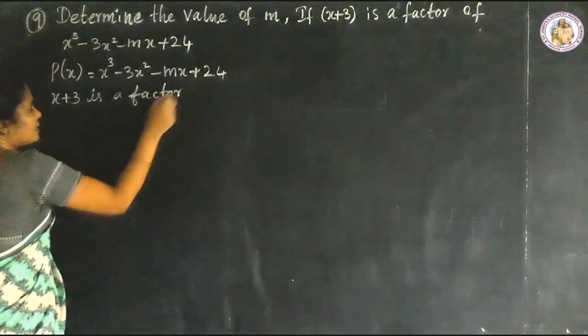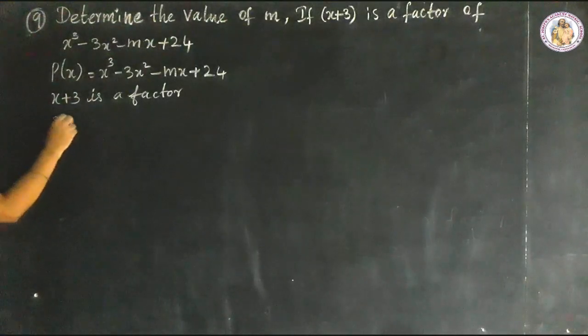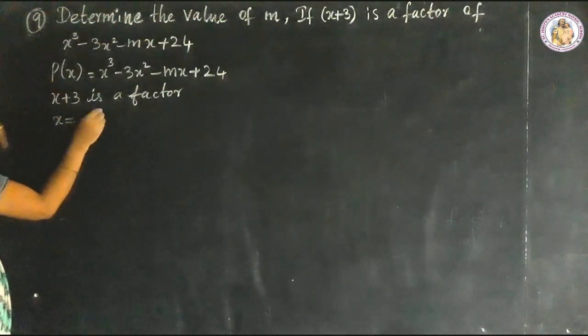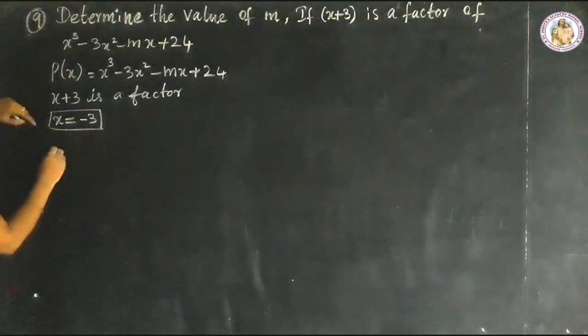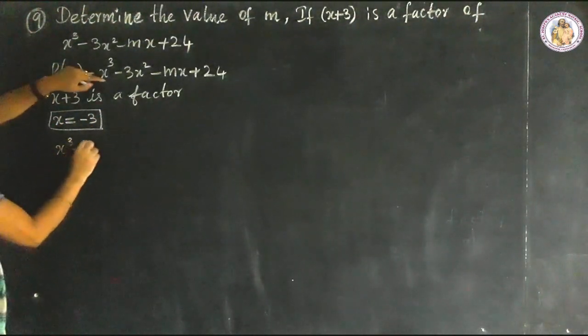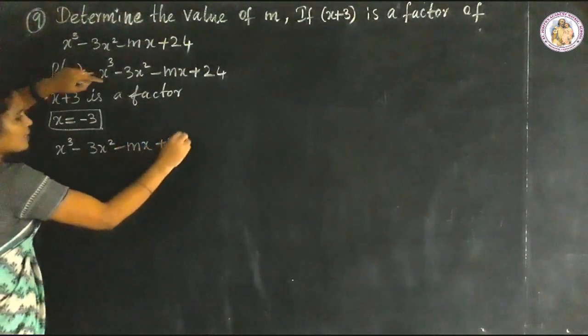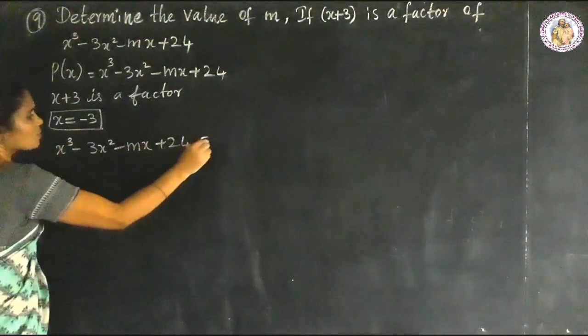If it is a factor, it is equal to 0. So x plus 3 is equal to 0, x is equal to minus 3. Now x cube minus 3x square minus mx plus 24 is equal to 0.